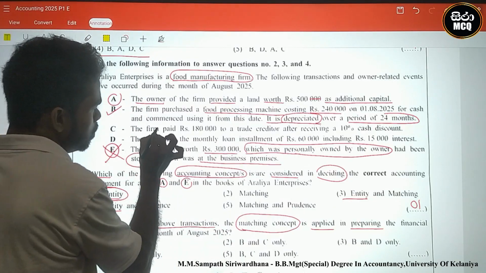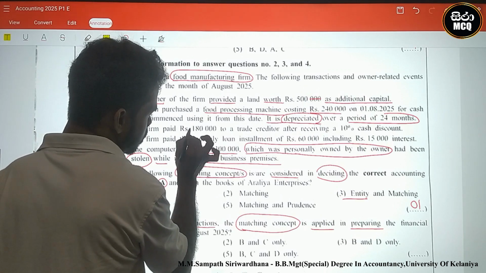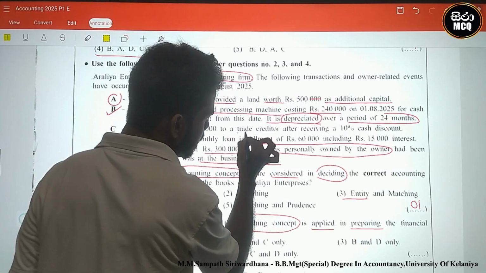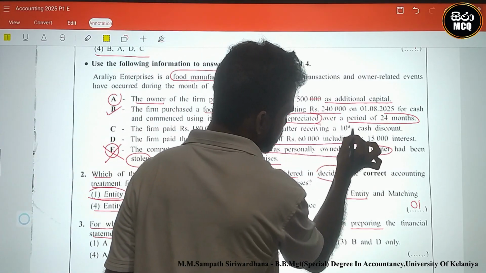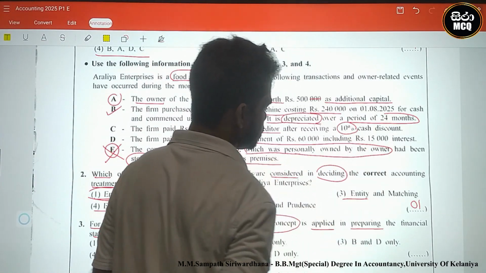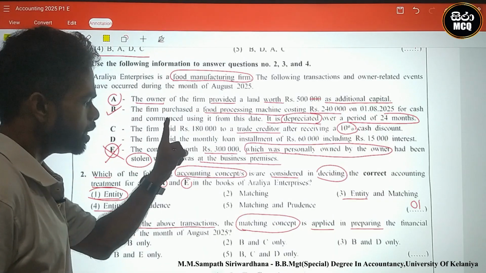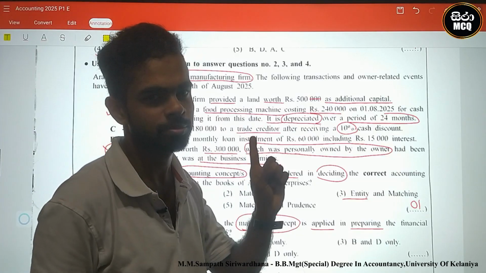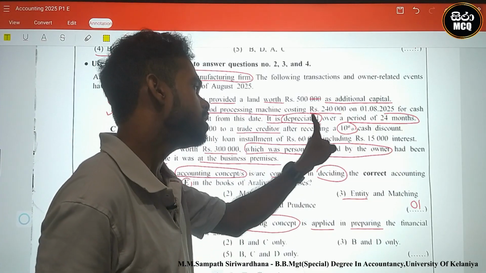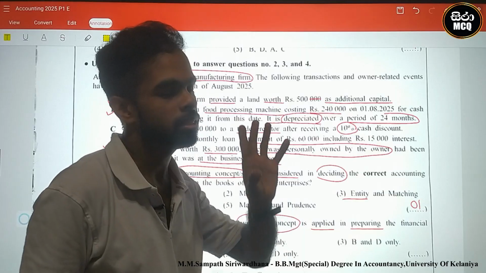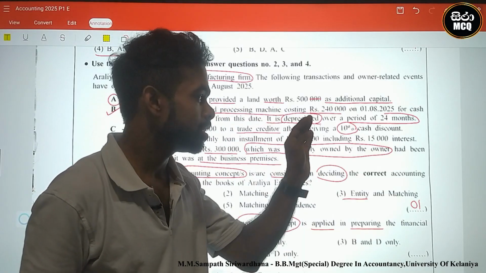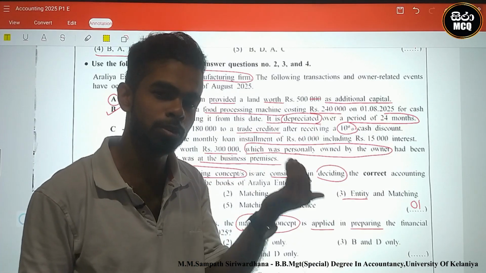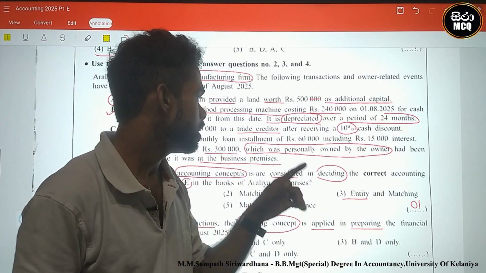Look here, the firm paid 180,000 to a trade creditor after receiving a 10% cash discount. The discount is a cash discount. Is it discount allowed or discount received?